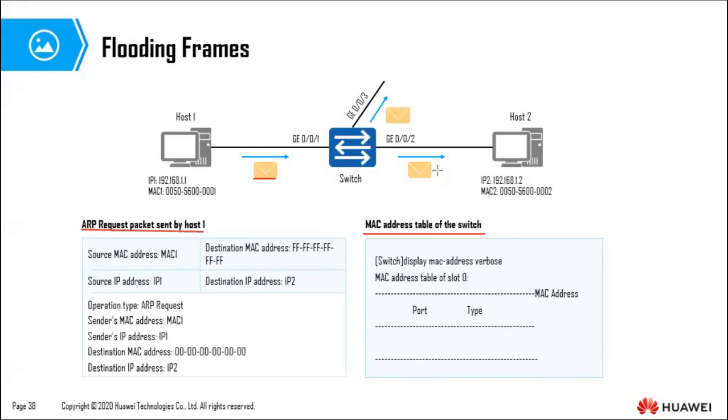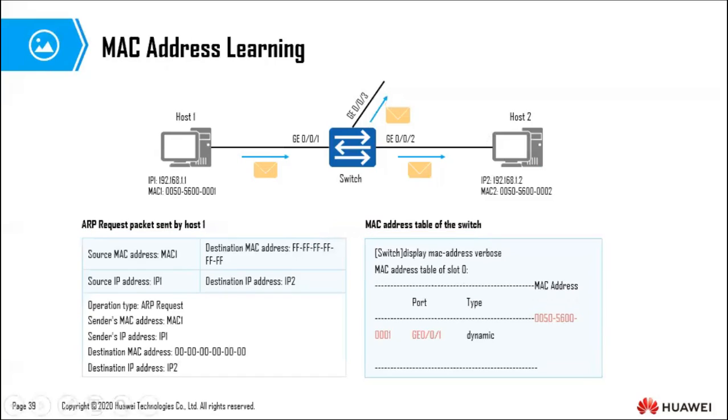But the switch will also read the destination MAC address, which is all Fs. And therefore, it's going to send out this message through all the interfaces other than the interface that received it. So everyone is going to receive this ARP request because it's a broadcast message. It's going to be flooded.